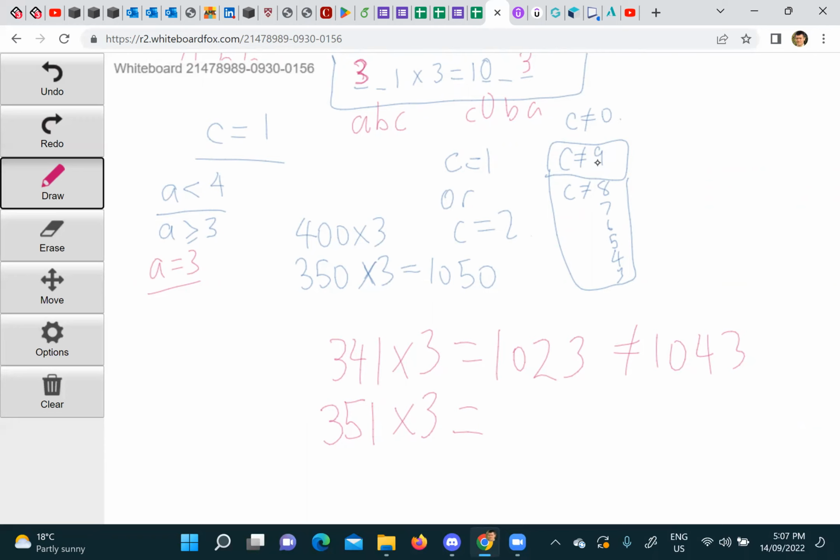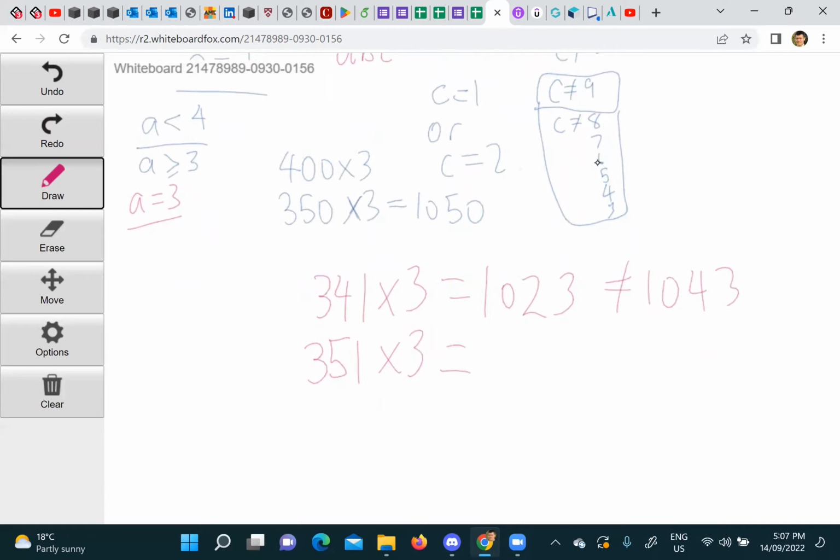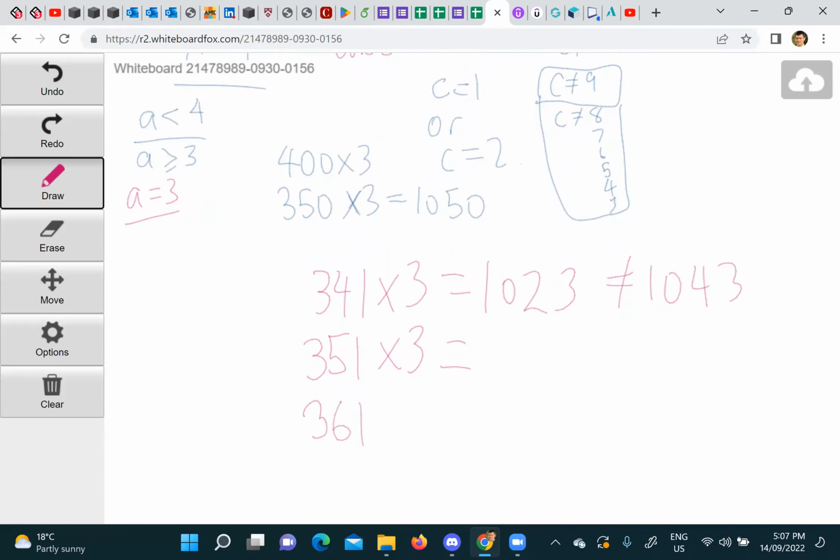361 doesn't work because it equals 1083, which has a 0 at the second digit. But the thing is, COBA is 1063. So do we agree that 361 times 3 is 1083? So it's 900 plus 180 plus 3, yeah.